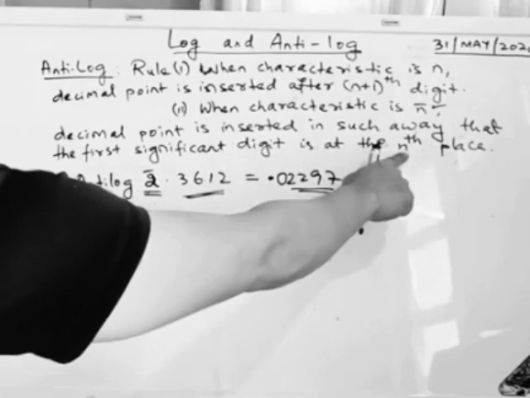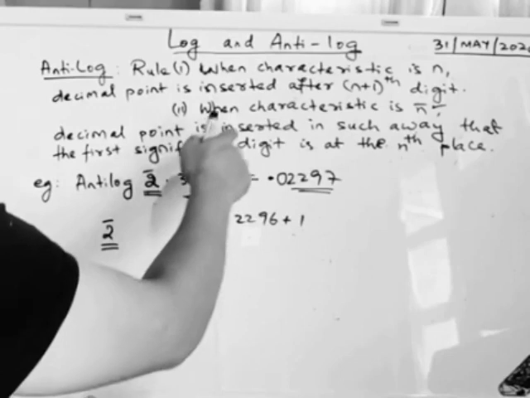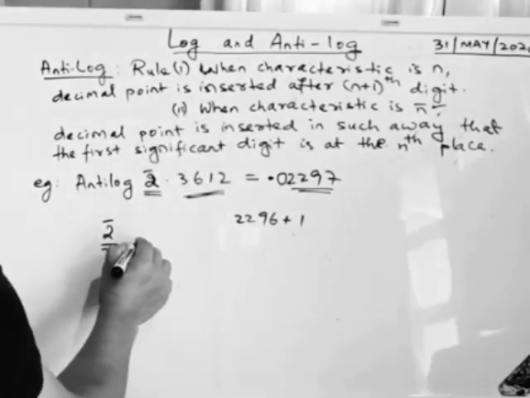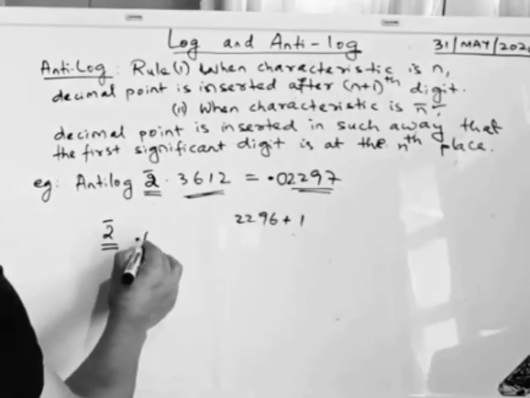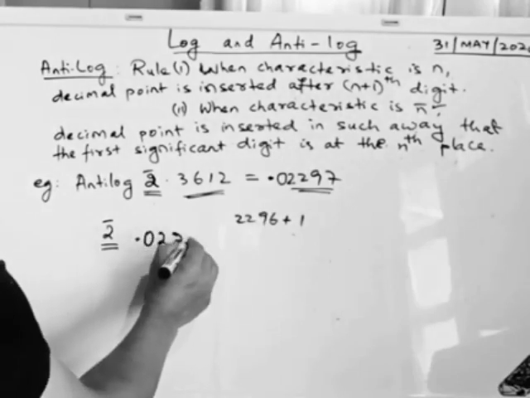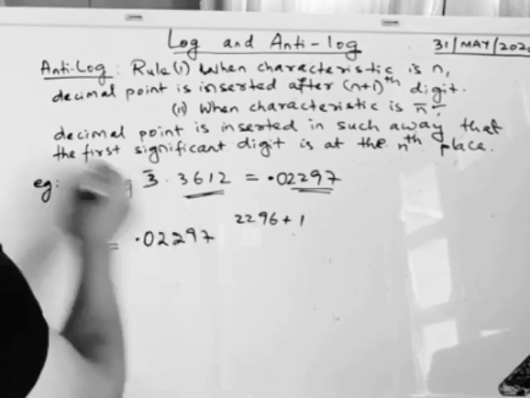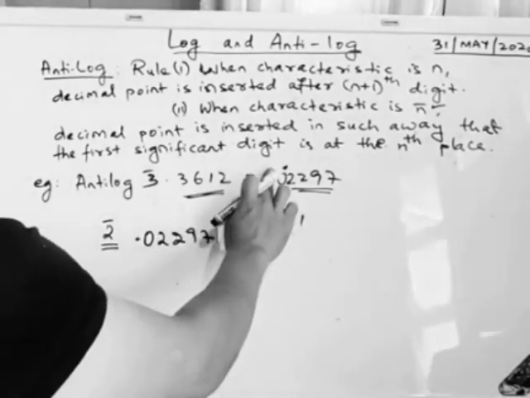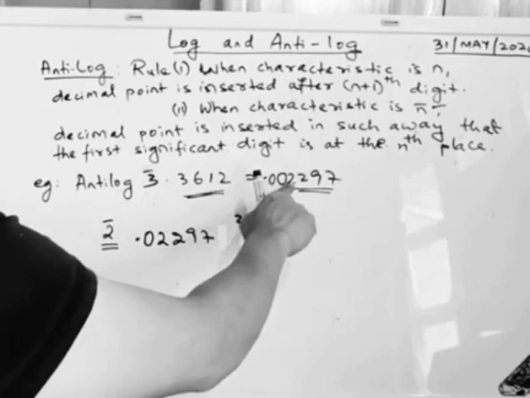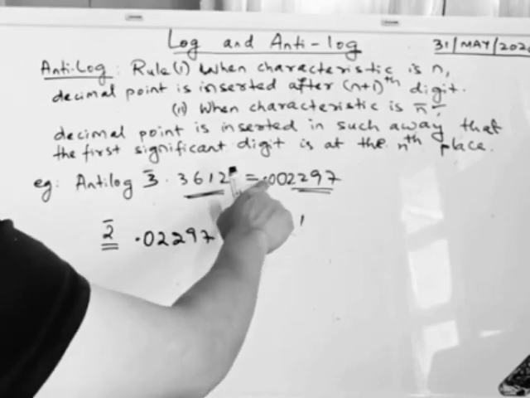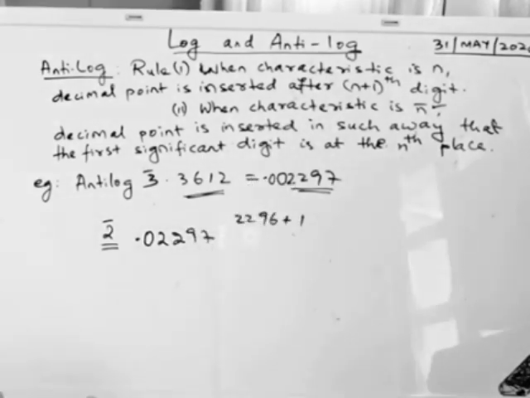If this is 3 bar, we have to add more zeros here so that the first significant digit 2 comes at the third place. That means after the decimal point: 1, 2, 3, this is the third place. It's as simple as that.